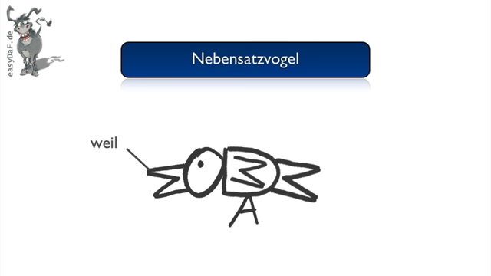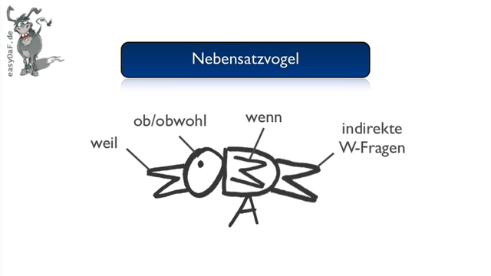The beak is weil, the head is ob or obwohl, the wing is a W for when, and the tail represents the indirect W questions, as you call them in German. The legs consist of the letter A for als, and the body is a D as in das or damit.